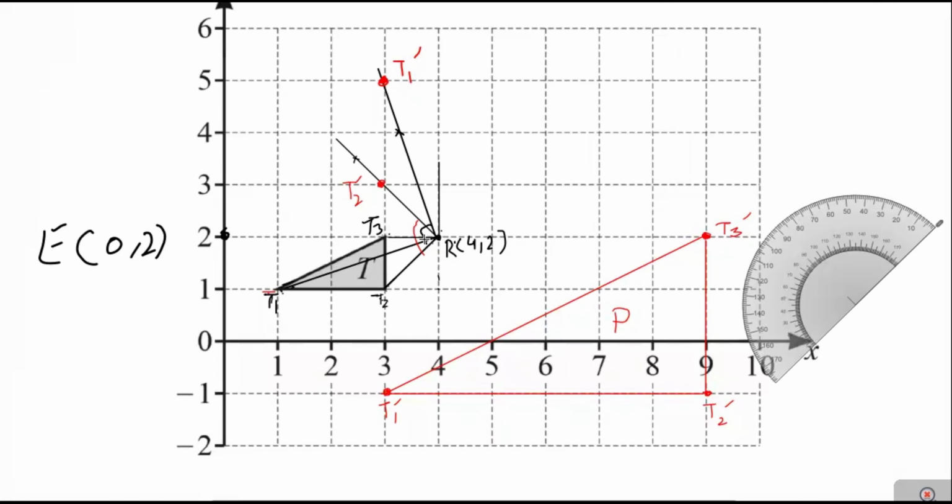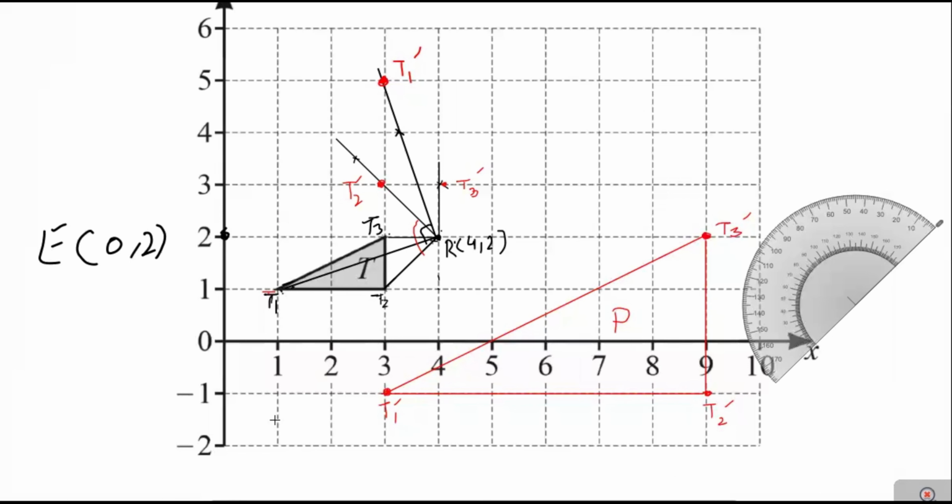Now you will take the T3 dash point. The distance of T3 dash from R will be the same. Therefore, you see here, this is 1 unit horizontally. Now we mark this point T2, T3 dash.